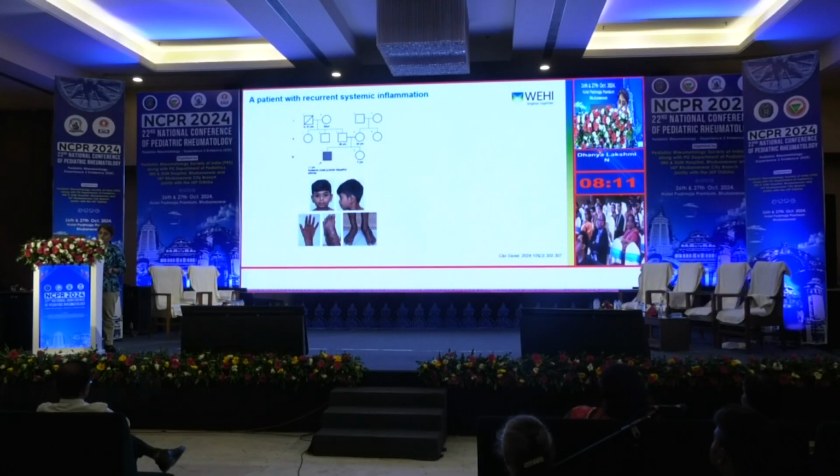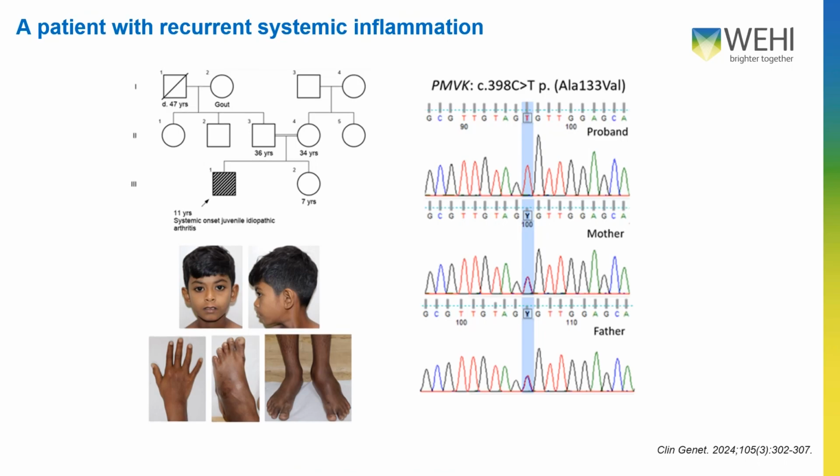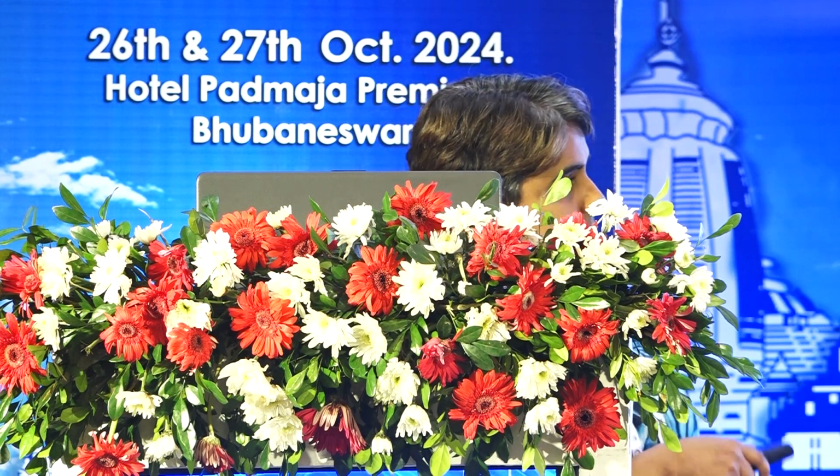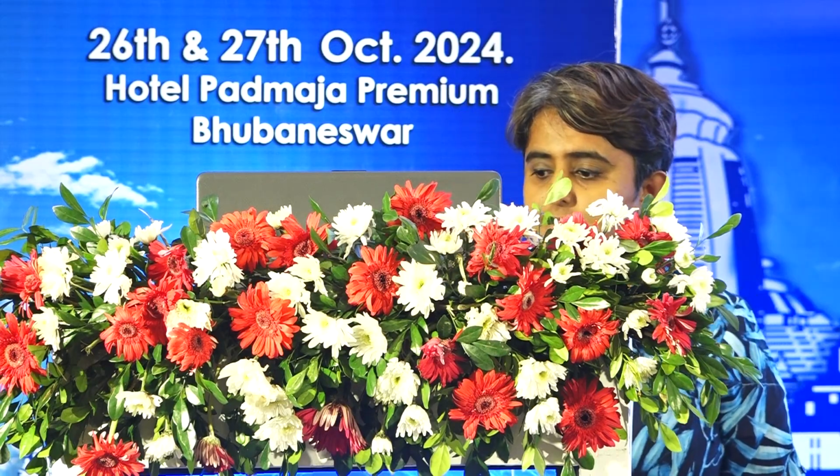Because our approach was an exome first approach for the project, we did exome sequencing, and we did not identify any variant in known disease causing genes, but we identified a homozygous variant in the PMVK gene. Here you can see that the proband is homozygous and both the parents are heterozygous for the same variant.